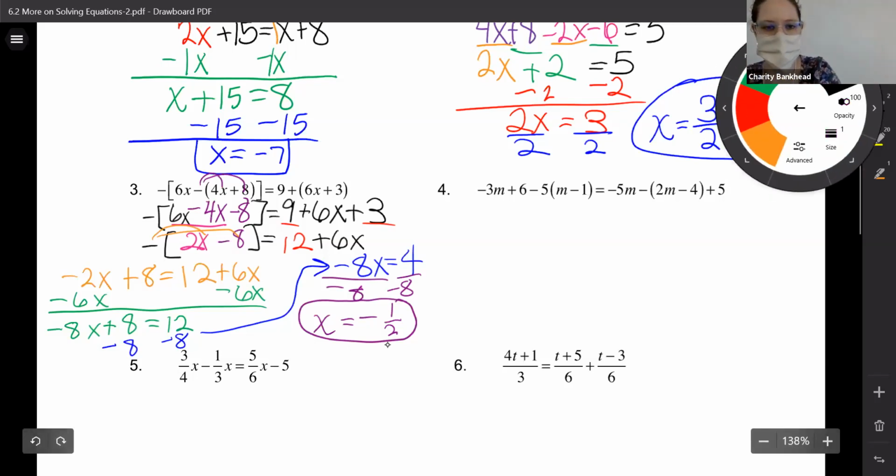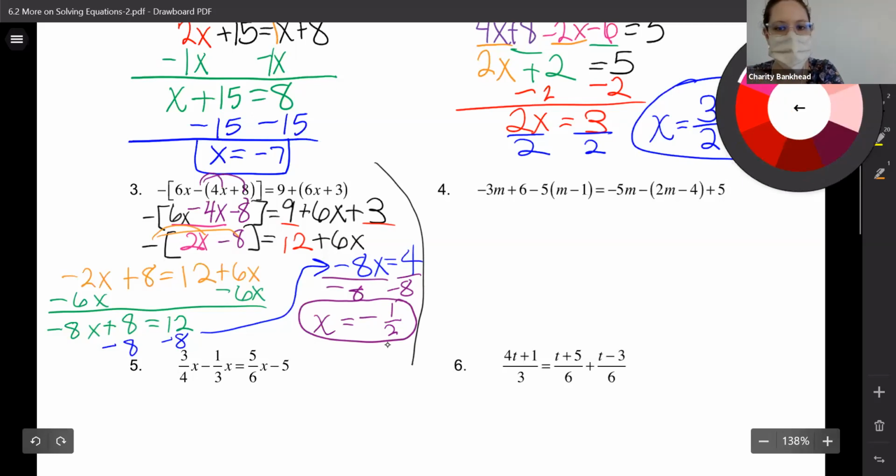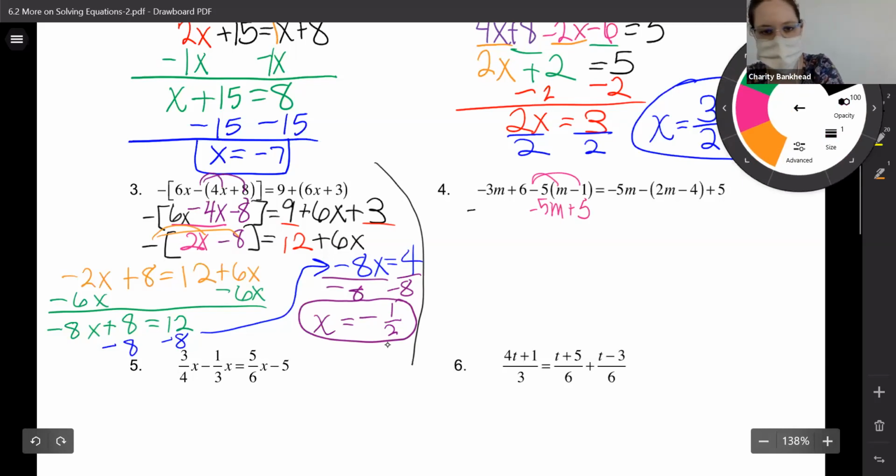Number 4. All right, let's see. So I'm going to distribute the -5 here. So that's minus 5m plus 5. And I'm going to bring down -3m plus 6.